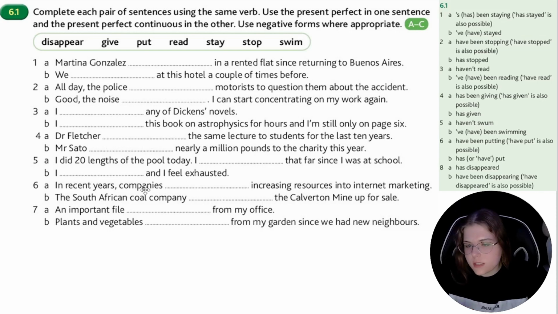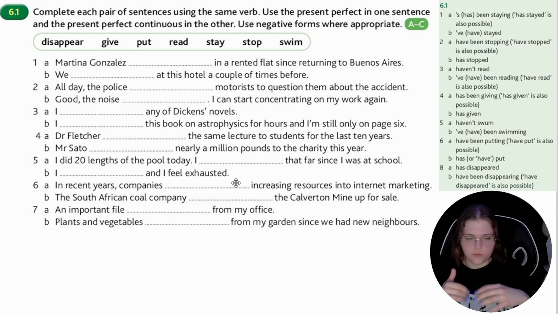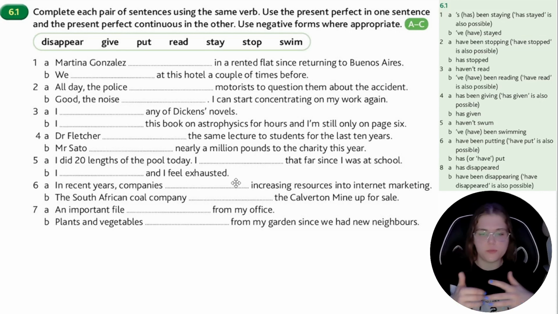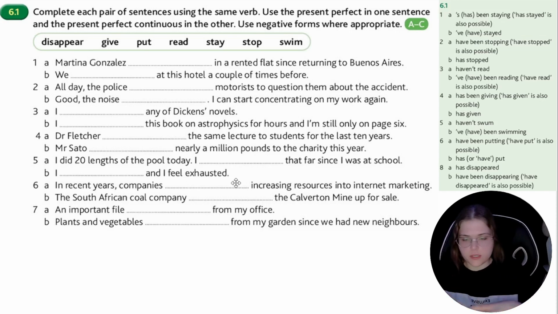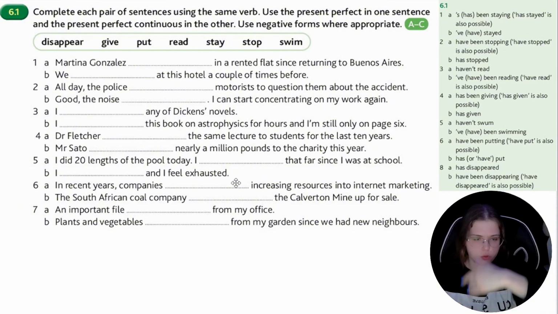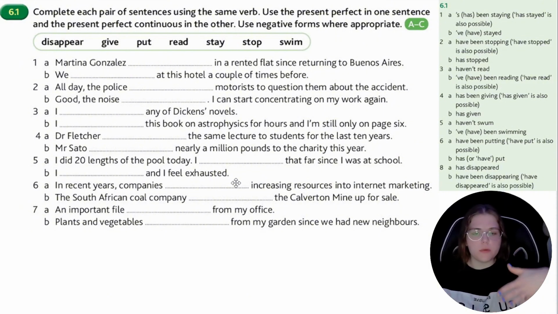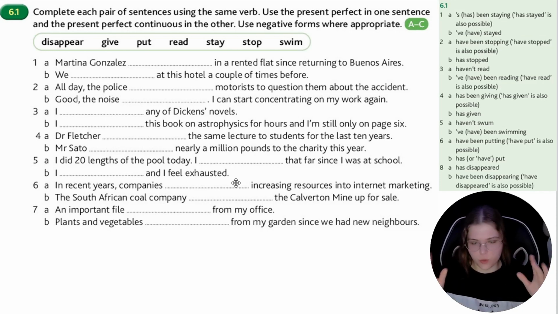In recent years, companies have been putting or have put increasing resources into internet marketing. We can use present perfect and present perfect continuous, both of them in this case, because if we're looking at this situation like they started doing this in the past and they are continuing doing it right now and they will be doing it in the future, so a long action, present perfect continuous.